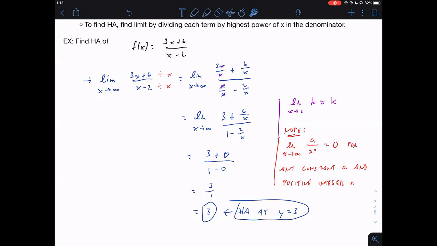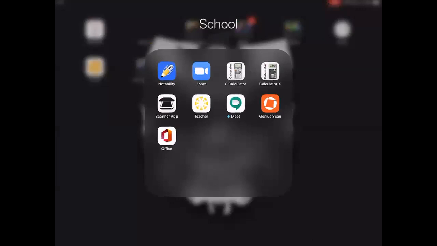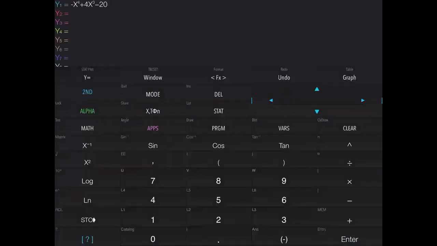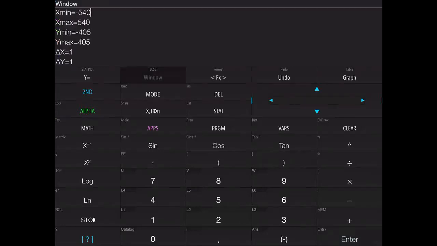Let's visualize this. Let's look at our calculators and draw this function here. So we had parentheses 3x plus 6, parentheses, divided by x minus 2. Let me set the window here.